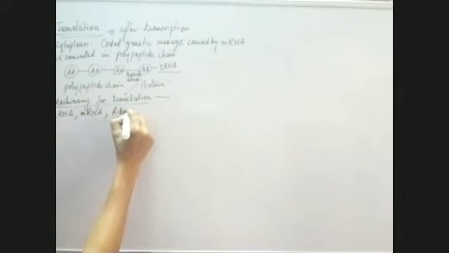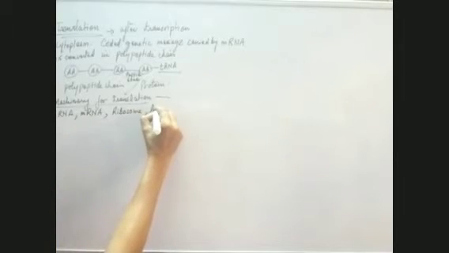Besides this, all this takes place in the ribosome. So we need ribosomes. And for attachment, of course, magnesium is required. Then we need amino acids, which are brought by transfer RNA.